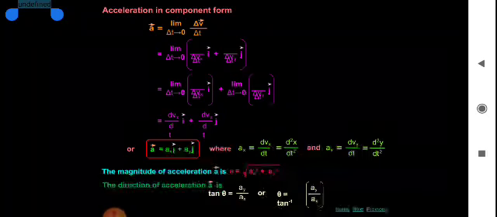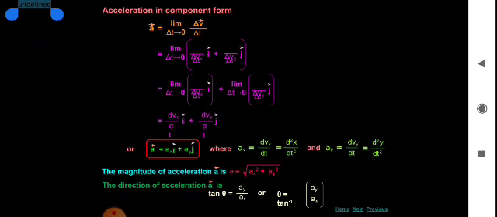We are splitting the terms and we put the limit delta t tends to 0 on the individual terms. The limit delta t tends to 0 of delta v divided by delta t we can write as dv divided by dt, right? Similarly here, that is equal to dvx divided by dt into i cap, plus dvy divided by dt into j cap.